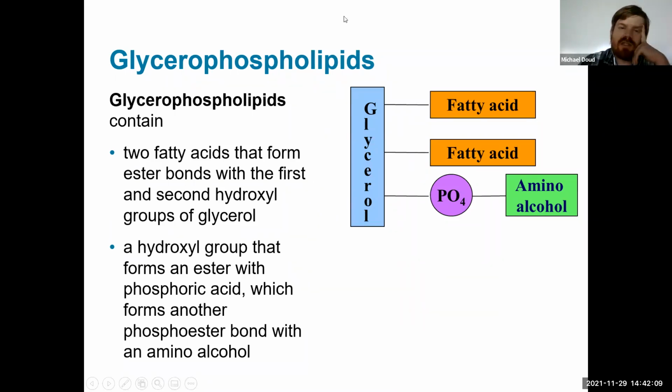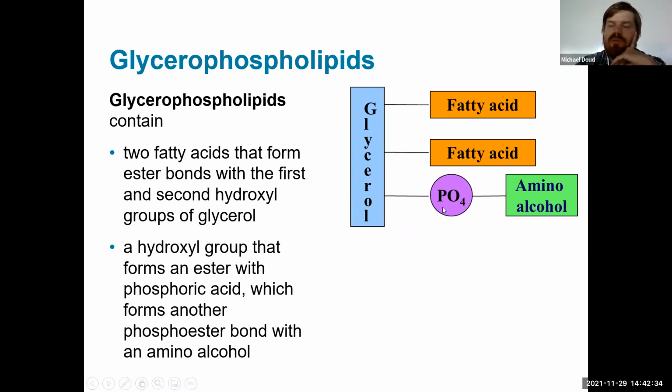The structure looks like this. You have your glycerol as a cap. Now that glycerol is going to be esterified twice to two fatty acids, usually the same fatty acid, but could be different fatty acids. Now, here's the difference. The third alcohol on glycerol is not going to be esterified to a carbon. Instead, it's going to be connected to a phosphate, an organic phosphate.